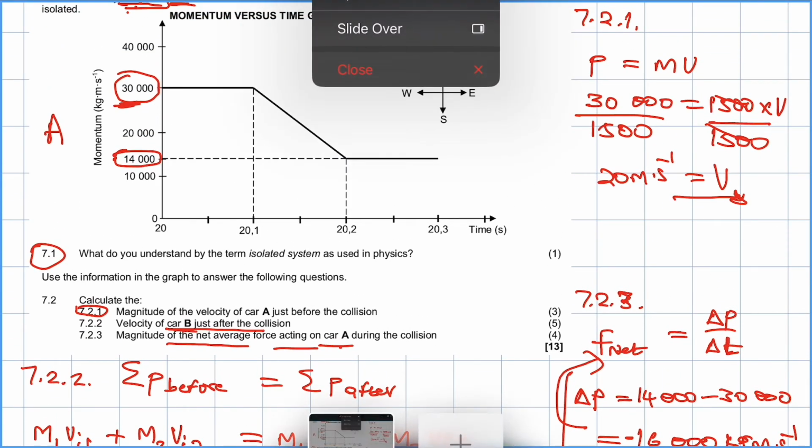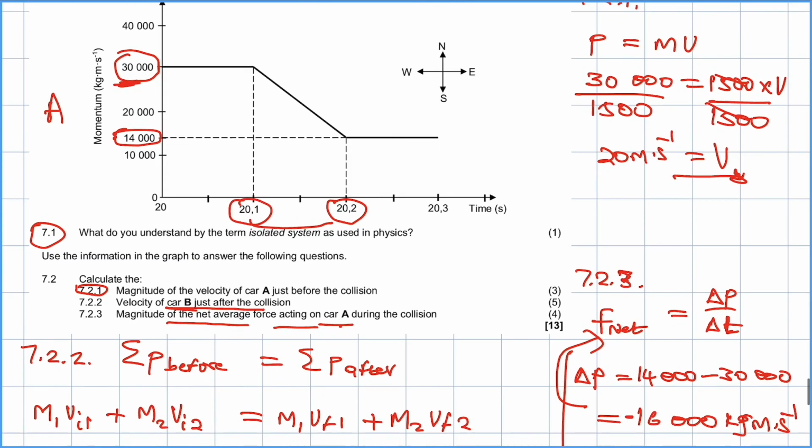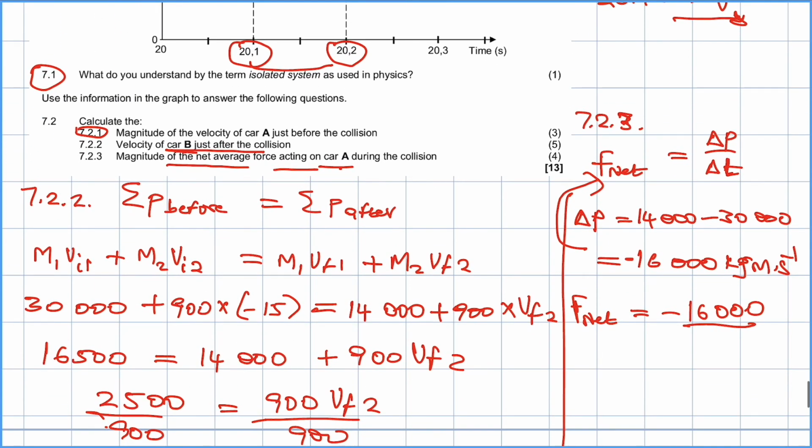Where do we get that? It's because we know that this part is the contact time, so it's 20.2 minus 20.1. That gives us the change in time, or the contact time, which is 0.1 seconds.